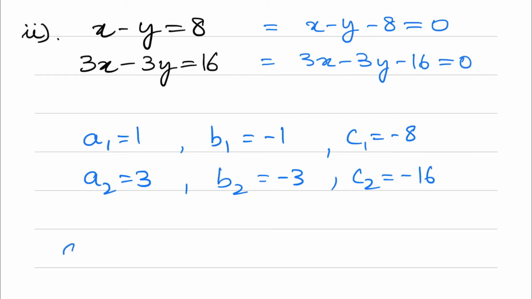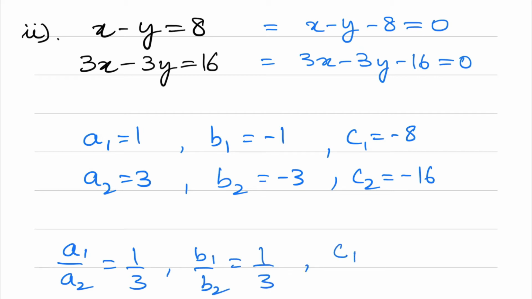So now the ratios: a1 by a2 is equal to 1 by 3, b1 by b2 is also equal to 1 by 3, and c1 by c2 is equal to minus 8 by minus 16, which is equal to 1 by 2.